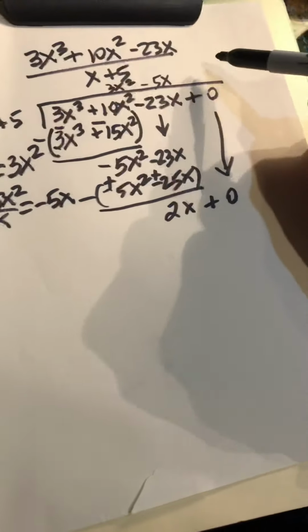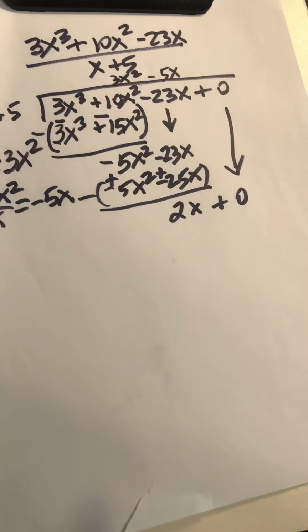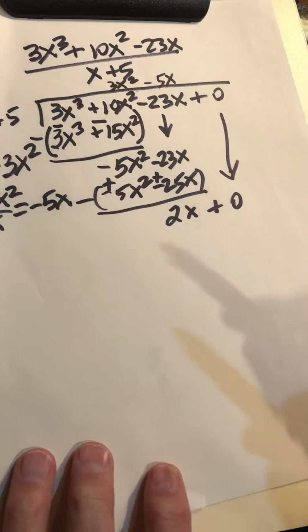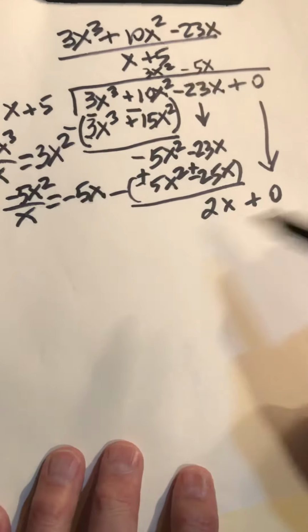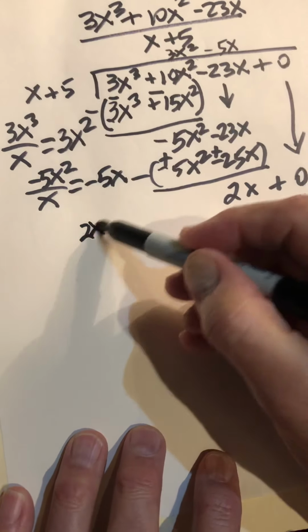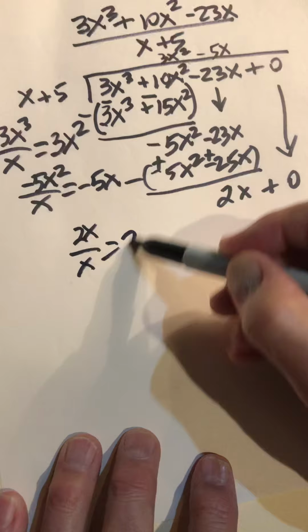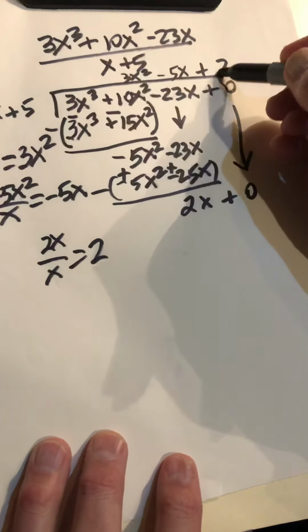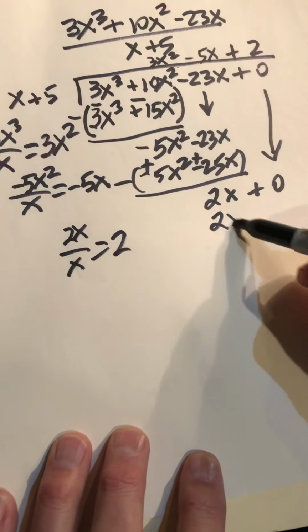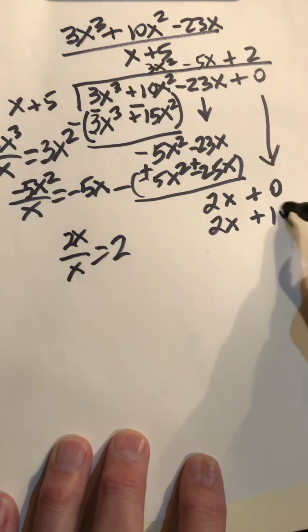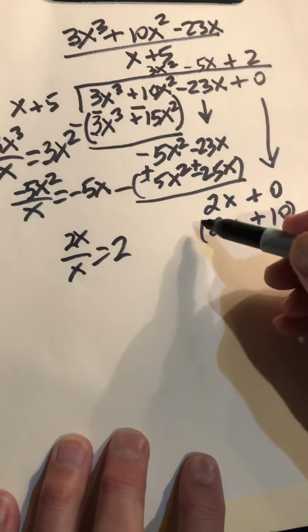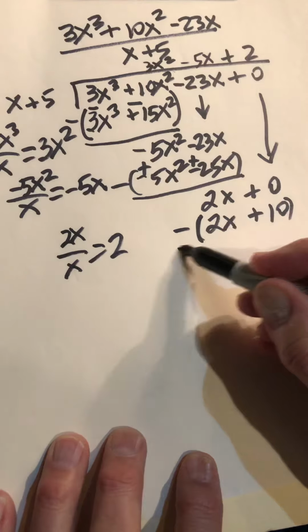And notice now I'm going to be at the end, so the next thing over there is going to be my remainder. So again, first term, 2x divided by x, that's 2, so it's plus 2, and that's 2x plus 10. I have to subtract that whole thing. That's minus.